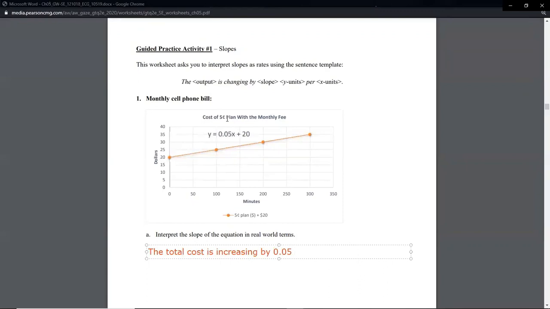And then you just write the apples per orange, miles per hour, whatever that is. So what are we talking about? We're talking about dollars per minute. Dollars is the Y output, minutes is the X input. So we're going to say by 0.05 dollars per minute. If you prefer, if you wanted to talk in cents, then you could say we're increasing by 5 cents per minute.